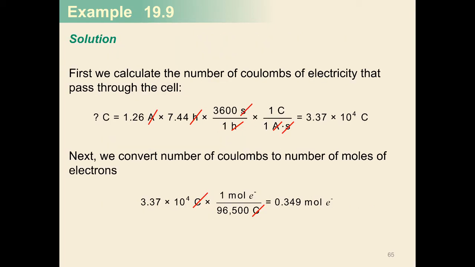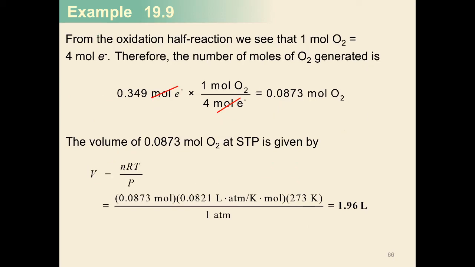Since in the 7.44 hours of electrolysis we are moving 0.349 moles of electrons, and there is 1 mole of oxygen for every 4 moles of electrons based on our reaction equation, you have generated basically 0.0873 moles of oxygen. And at STP, we just apply the ideal gas law. We get 1.96 liters of oxygen gas.